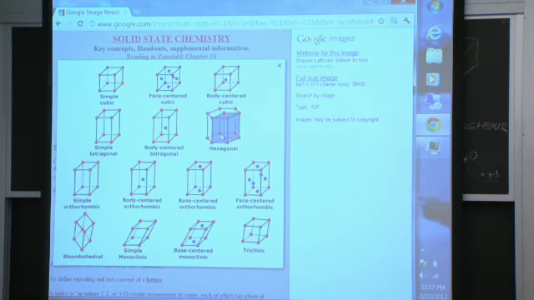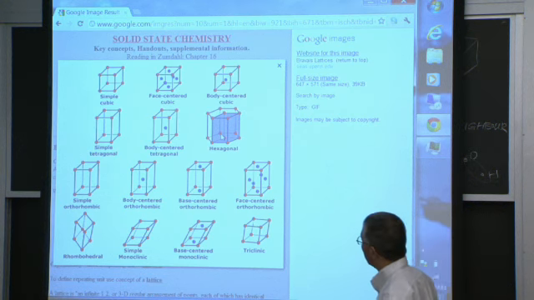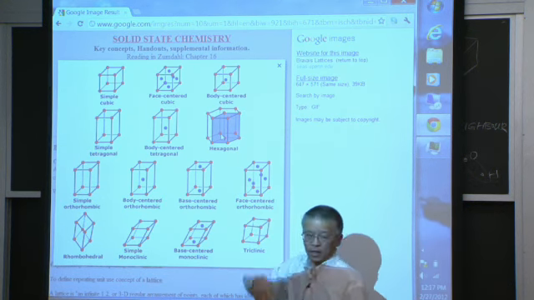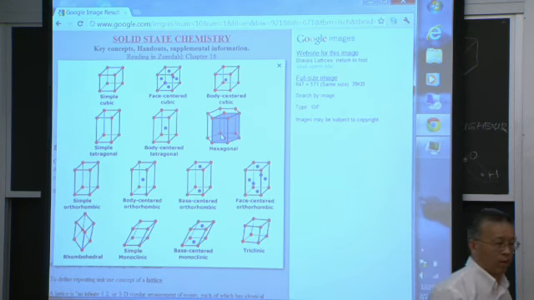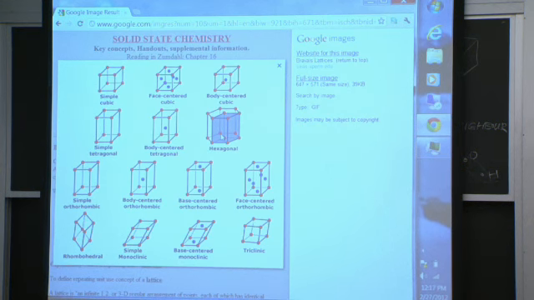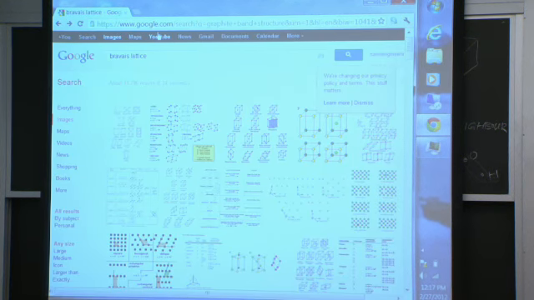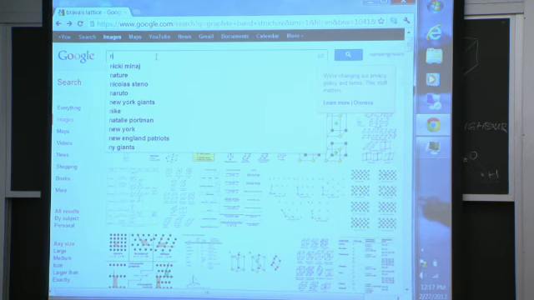Hexagonal is also interesting because a lot of people are interested in graphite, and graphite is a hexagonal structure. So this is the Bravais lattice. Let's look at some real crystal structures, starting with sodium chloride.